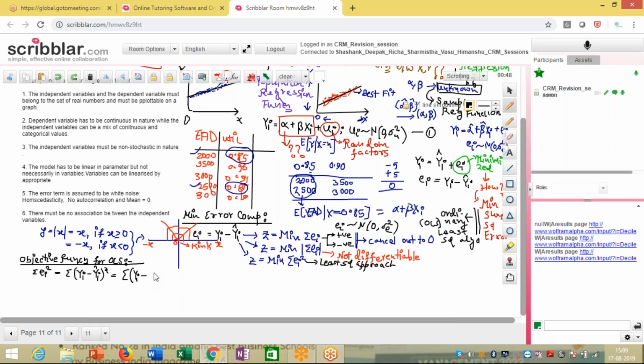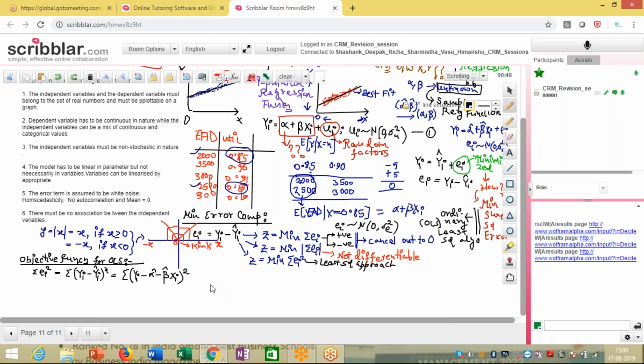So yi hat is alpha hat minus beta hat xi, whole square, right?